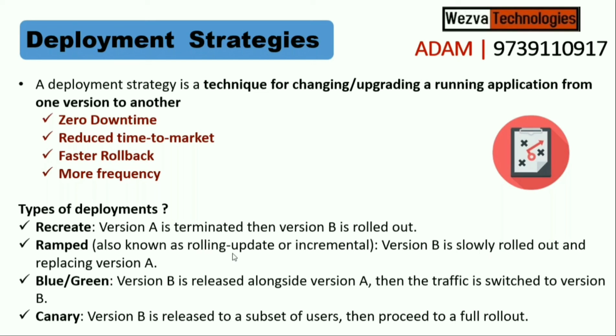Okay. By default, if you do not tell Kubernetes any strategy, it will always work on the rolling update. So for all the things you have learned and practiced so far, the default strategy is rolling update, remember.